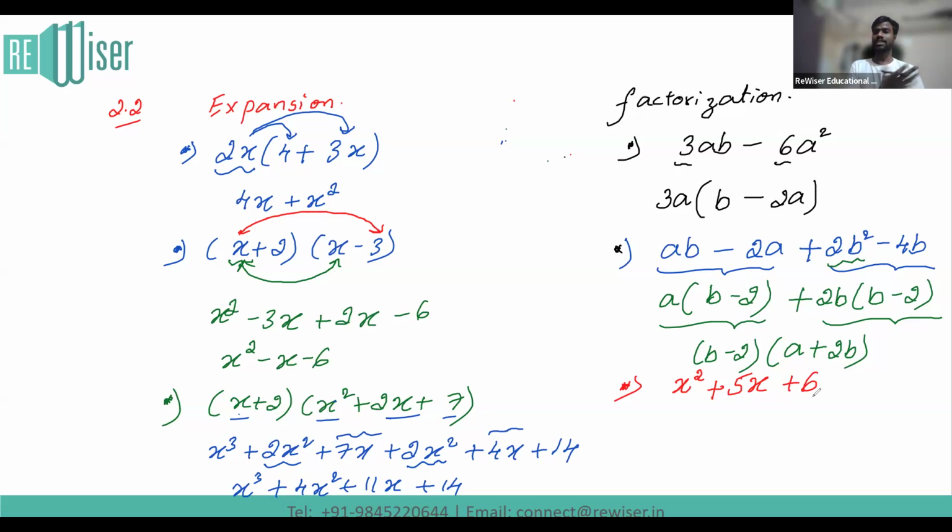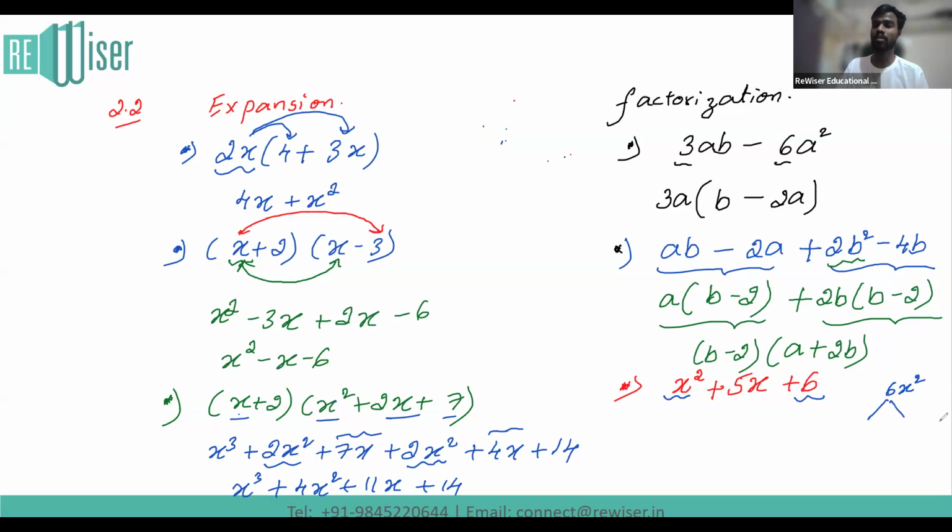If I need to factorize this term, the first thing that we need to find is the factors for the product of the first and the last term. So the product of the first and the last term is x squared times 6, which is nothing but 6x squared. Or you can just focus on the number, which is 6.